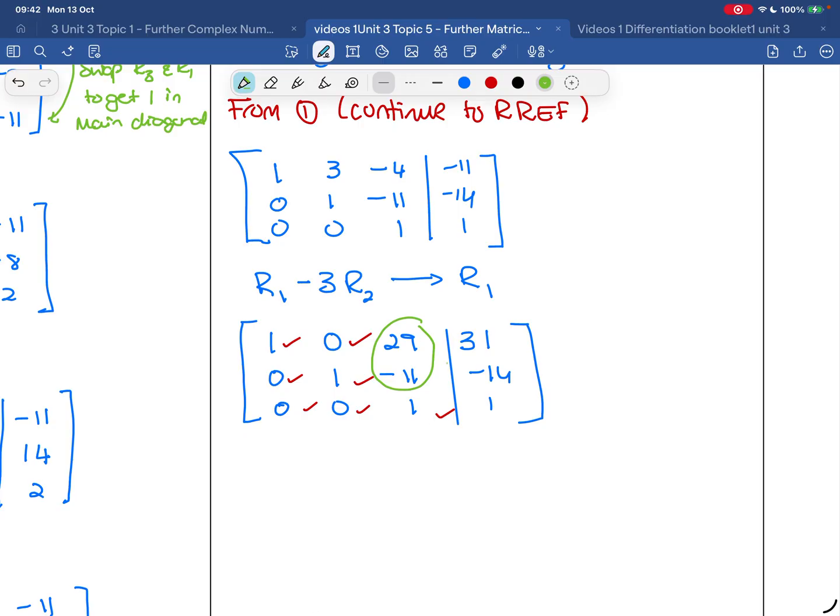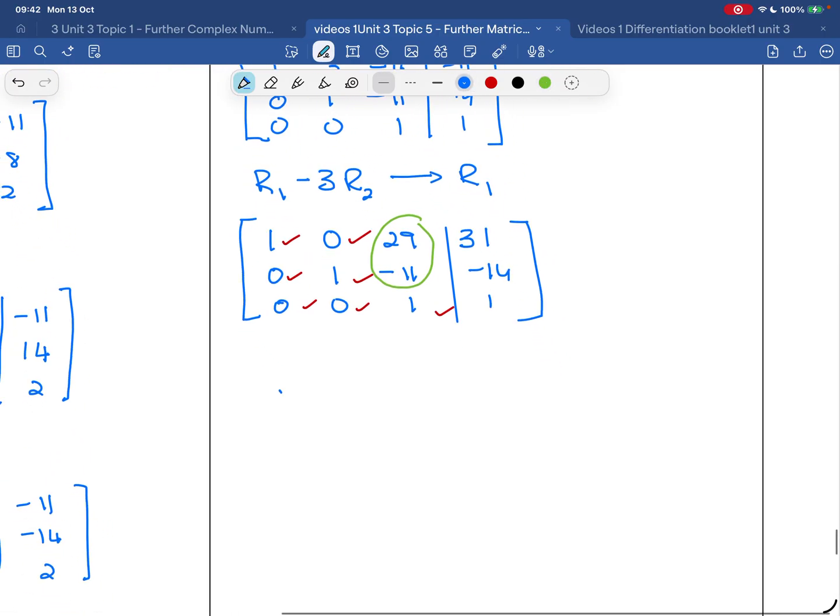And I can quite easily get this one here to be 29, and I can subtract the 29. So I think what I'm going to do is I'm going to say row 1 minus 29 row 3, and I'm going to plug it into row 1.